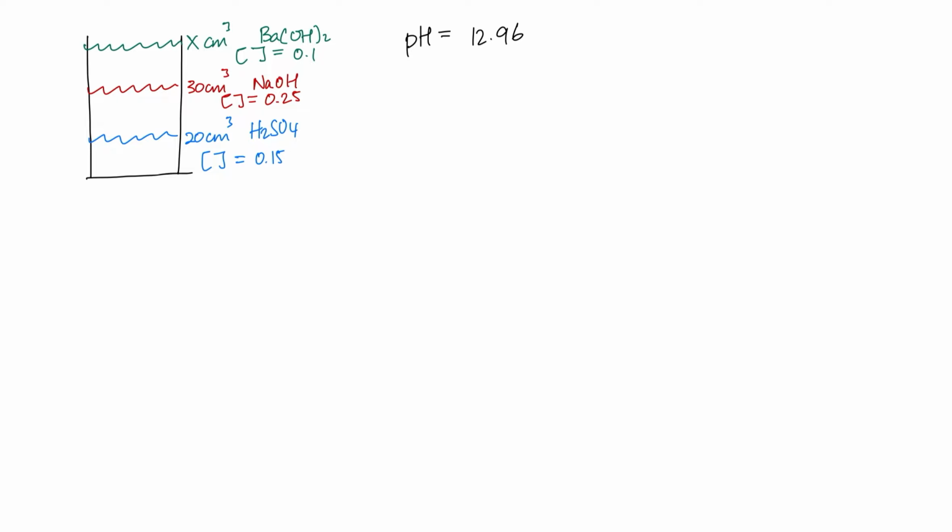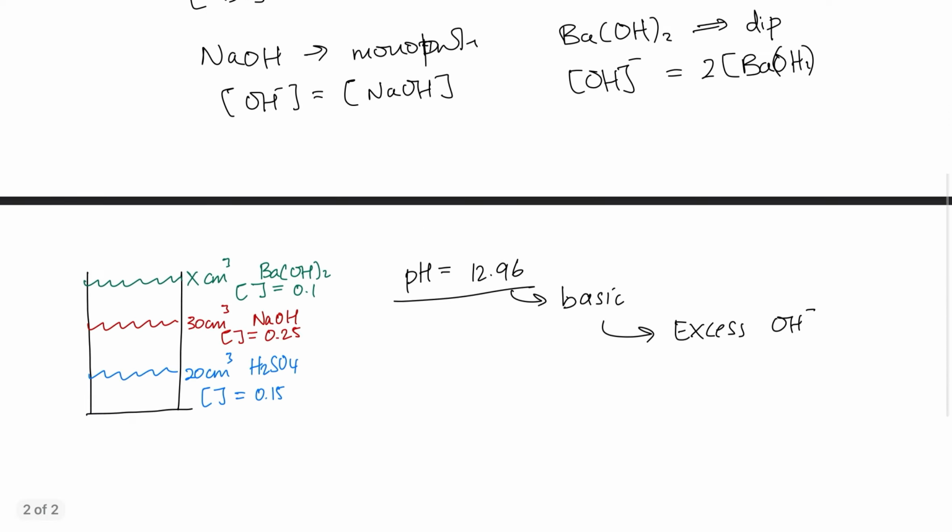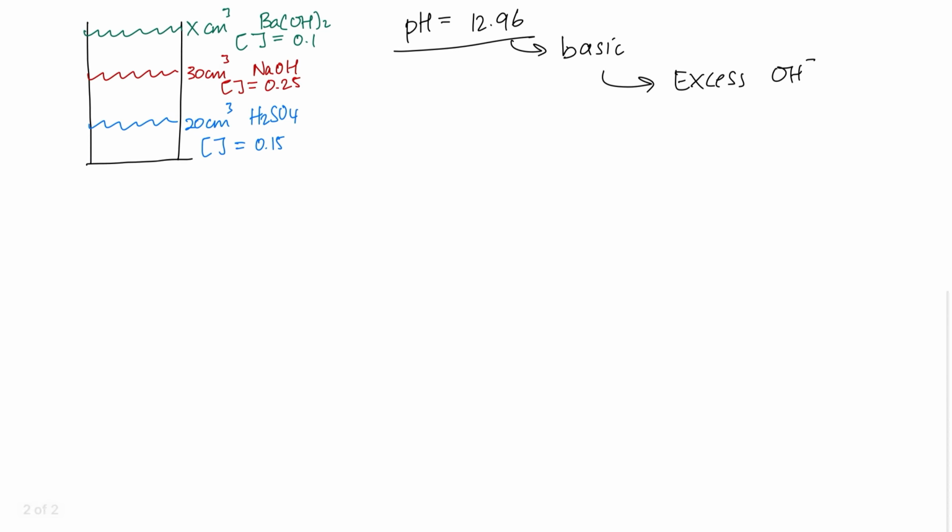The first thing we have to do is examine the pH. The pH is 12.96, which means it's basic, and if it's basic, it means there's excess OH- in the solution. So let's start with some calculations.